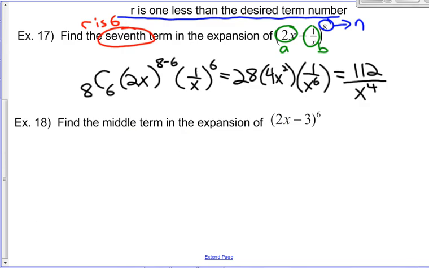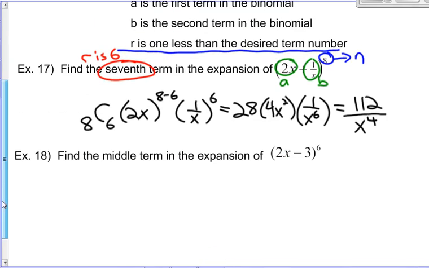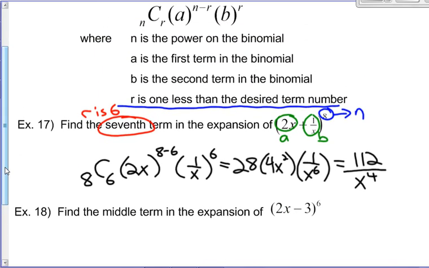And let's try something similar here. We want to find the middle term in the expansion of 2x minus 3 to the 6. Okay, so stuff we know. We know that 6 is n, and that 2x is going to be a, and that negative 3 is going to be b. But I don't even know which term number I want.